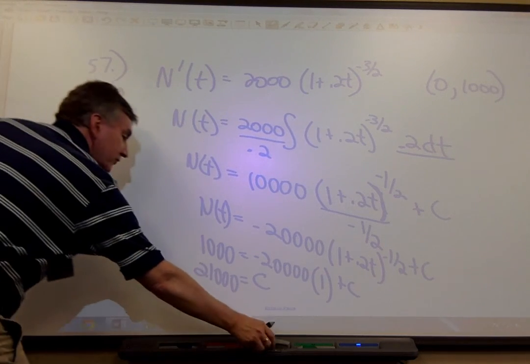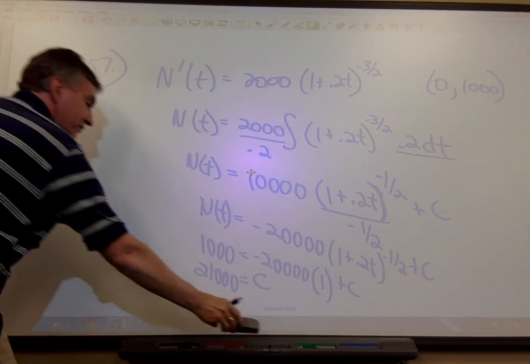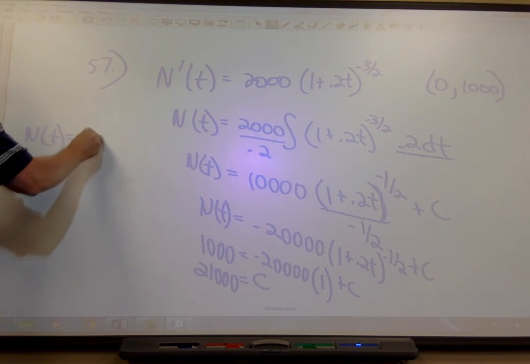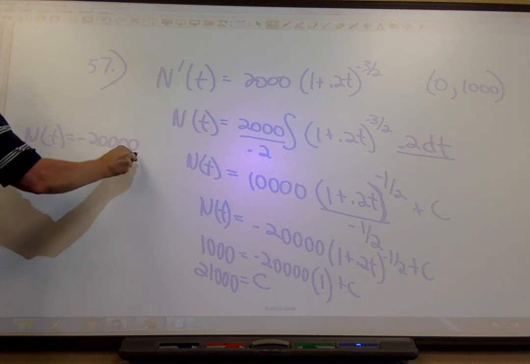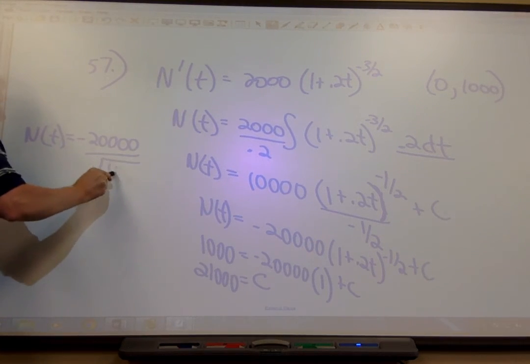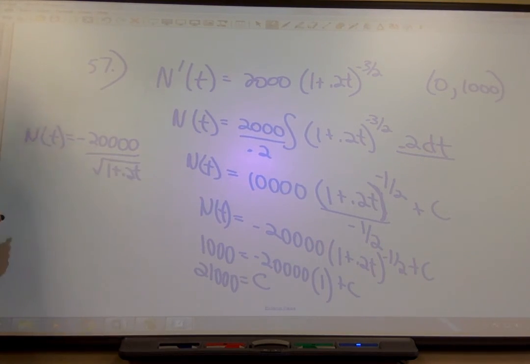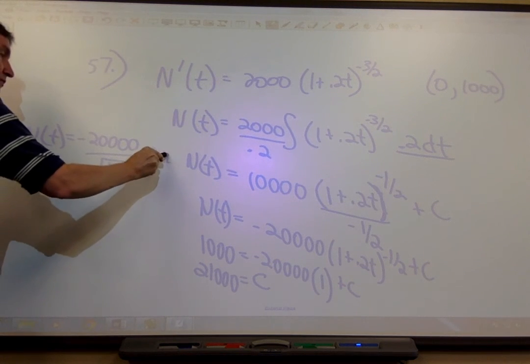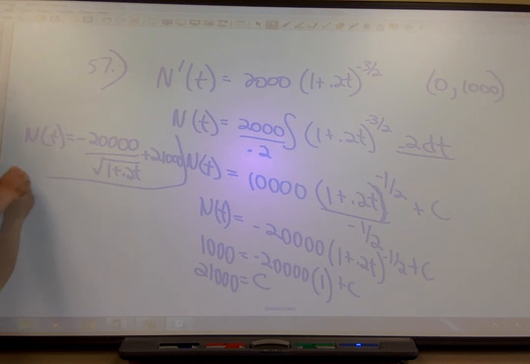Okay. So let me write that over here. N of t is negative 20,000 over square root of 1 plus 0.2t plus 21,000. That would be my function.